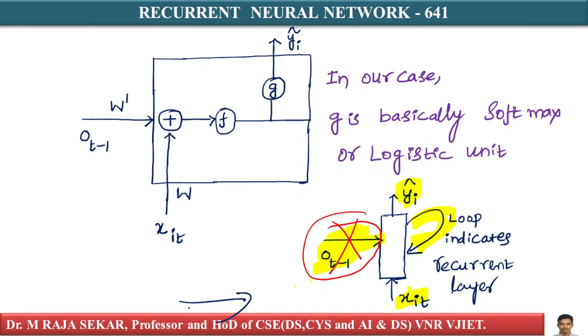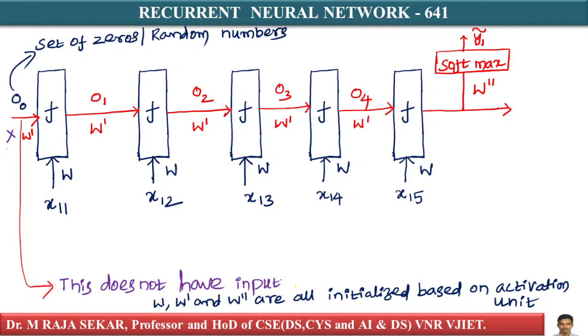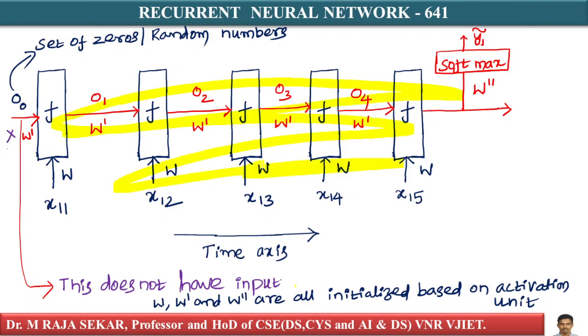One must understand this. This is the time axis. Strictly speaking, the entire thing is not multiple layers. This is one layer of the neural network, but at different times.